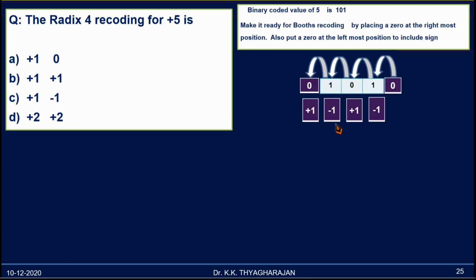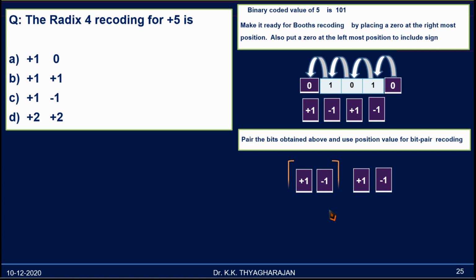To get modified Booth's recoded values or Radix-4 values, you have to pair these bits like this. These two bits should be paired and these two bits should be paired. These two bits should be combined by using their place values. For example, for this bit, the place value is 2 power 0, and for this bit, the place value is 2 power 1.